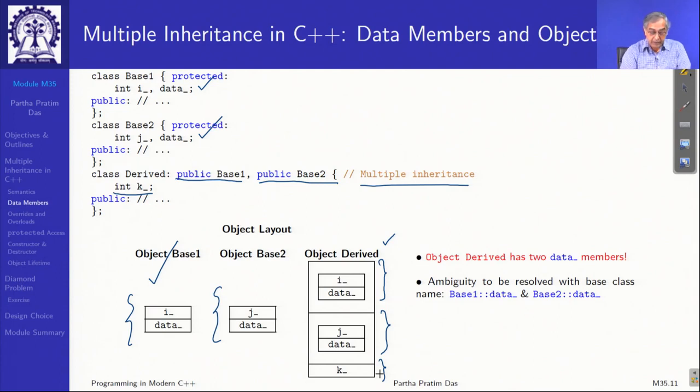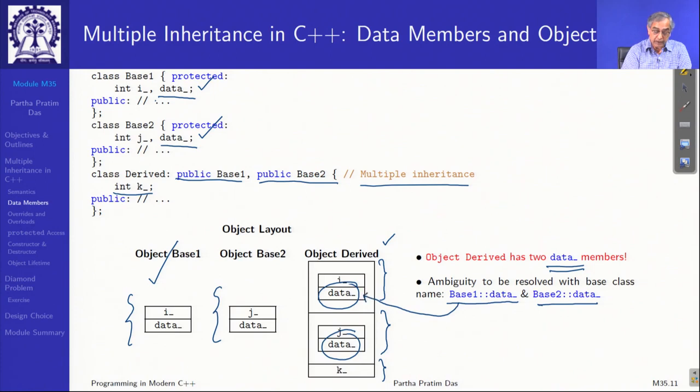Now, the interesting factor to note here is that there are two data members coming from two base classes, both of whose name is data_. So, as a derived class object, how do we refer to this data member? The derived class object has to qualify which data member it wants to access.